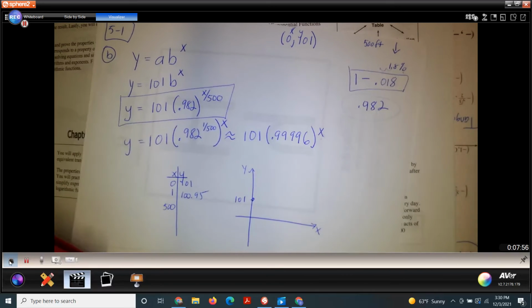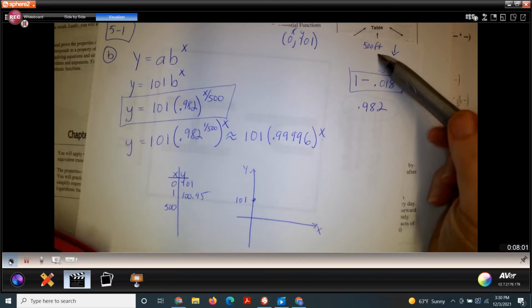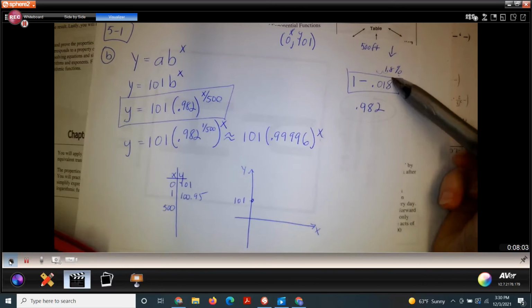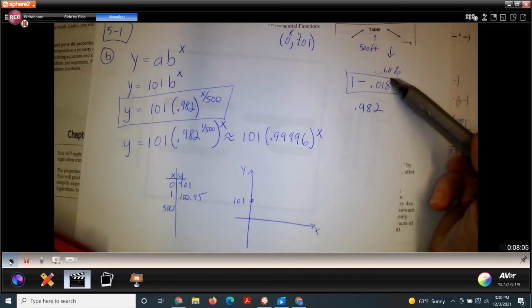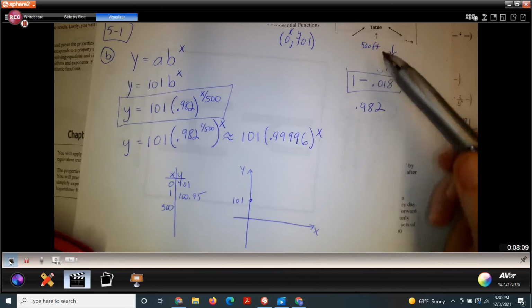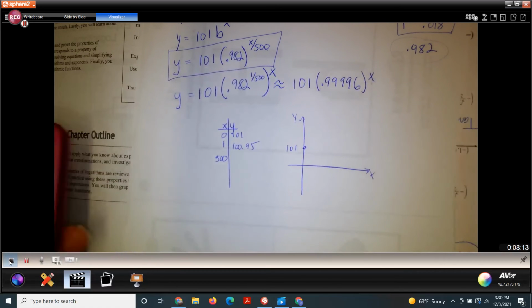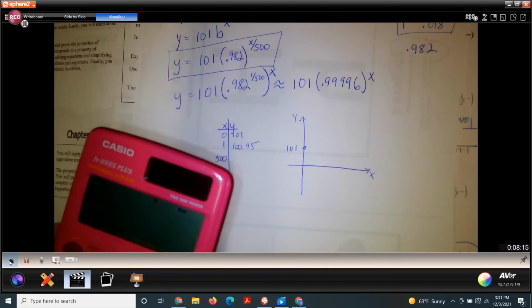Every time you go up in elevation 500 feet, the pressure goes down by 1.8%. I didn't even go up a whole 500 feet, I just went up by 1 foot. So that's why it doesn't show it decreasing very much. I should have used a bigger number.